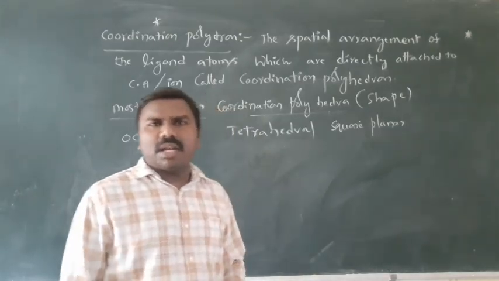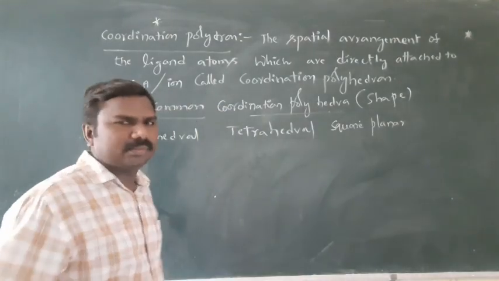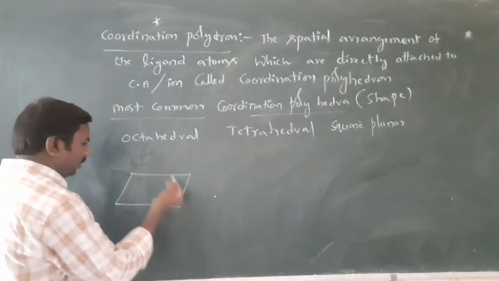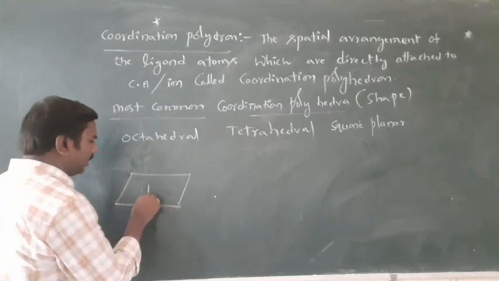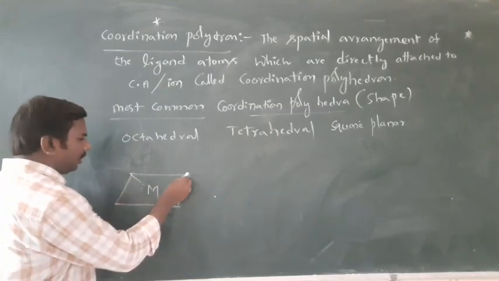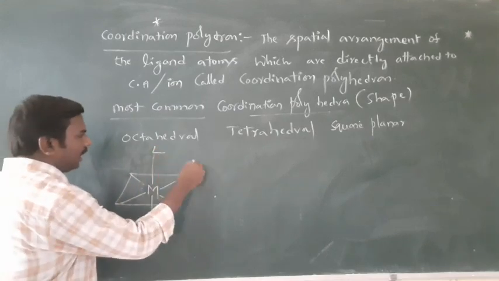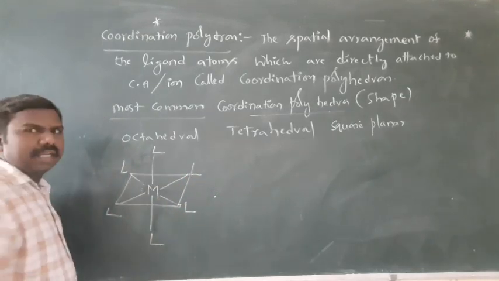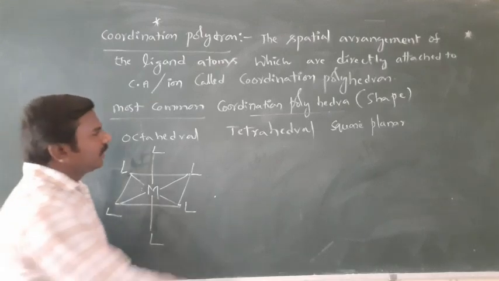As you know, octahedral shapes and tetrahedral shapes, and in those shapes only, these are also possible. Octahedral means there is a central metal atom with 6 ligands. So it is an octahedral shape.